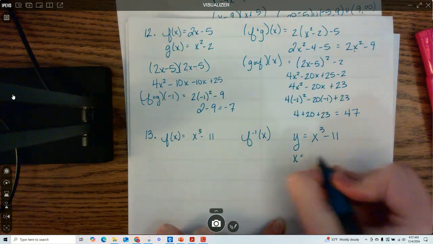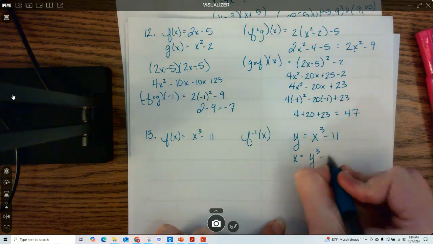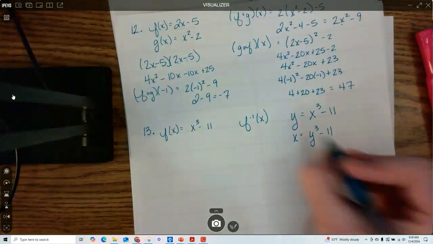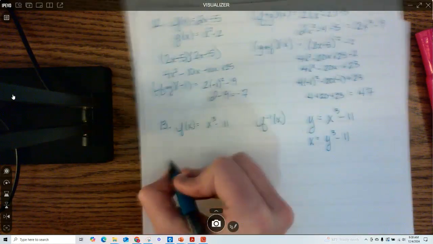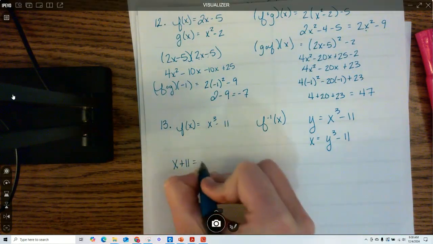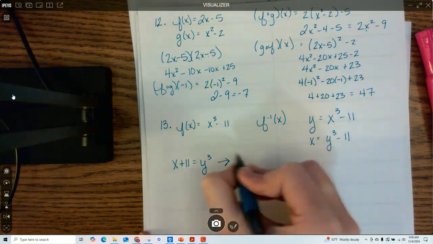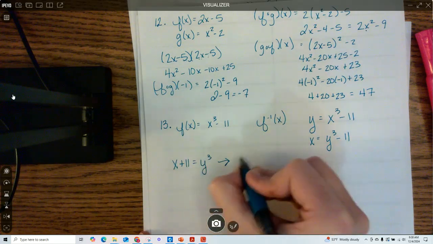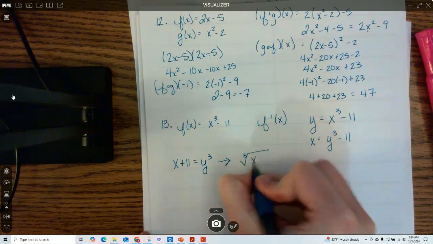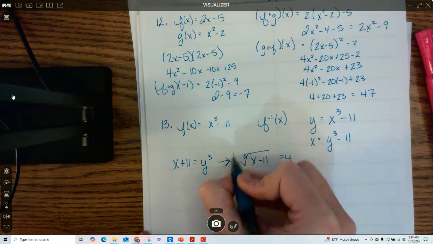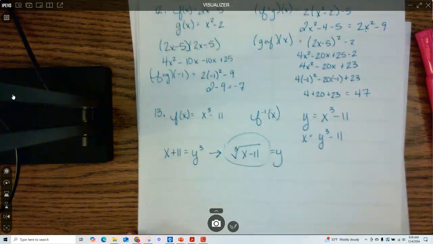So this would be x equals y cubed minus 11. Name of the game is to get y by itself. So we would add 11 to both sides, so we would have x plus 11 equals y cubed. And then to get rid of the cubed, you cube root the other side. And so this would be the inverse, this piece.